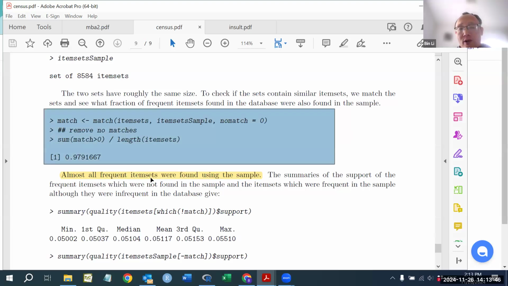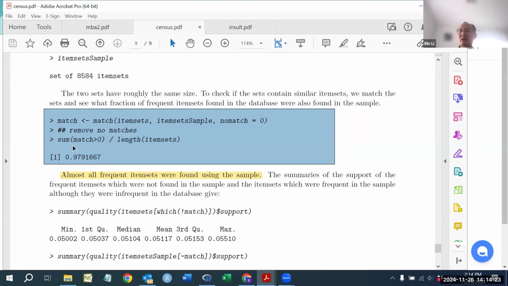Almost all the frequent item sets were found in the random sample. In other words, we have many frequent sets found using the entire data set, and about 98% of these frequent item sets found using the whole data set were also found by using 9,000 random samples.